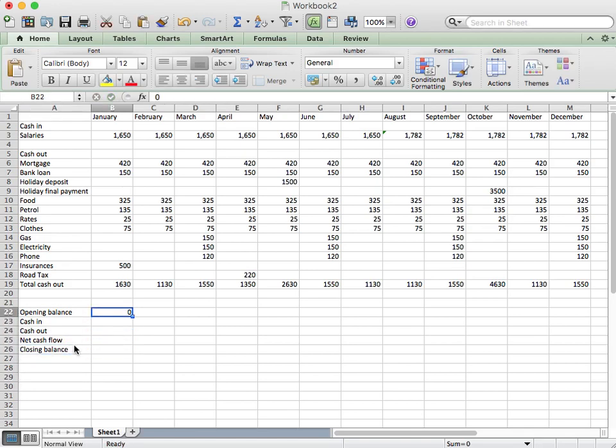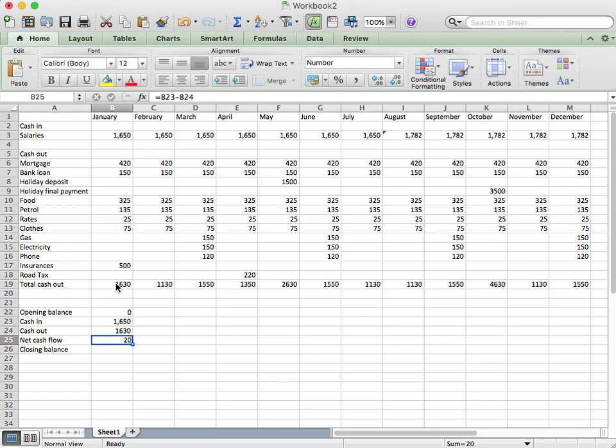So the opening balance at the beginning of January is 0, comes from the case study. Cash in equals our salaries. There's no other, so that goes in there. And our cash out is the total cash out, which is that figure there. And our net cash flow equals cash in minus cash out.